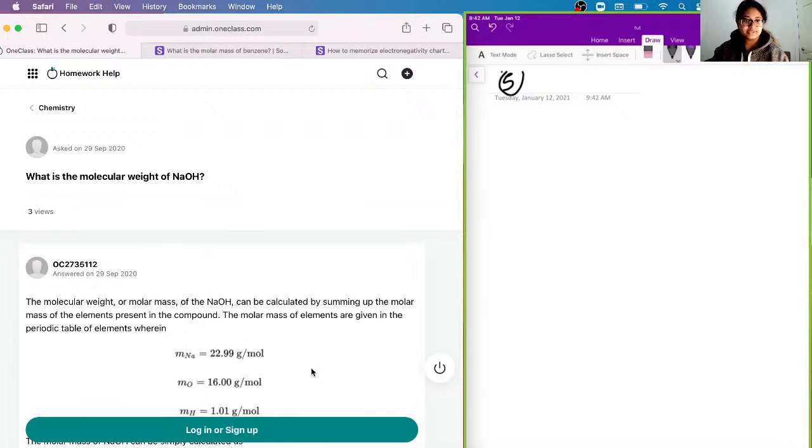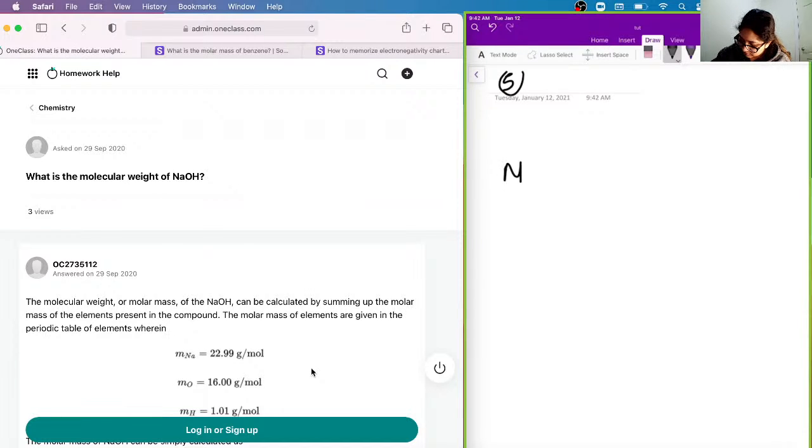The next question says, what is the molecular weight of sodium hydroxide? The molecular weight is also known as the molar mass, and it can be calculated the same way we calculated the molar masses of our other compounds. First break it down into the individual elements' molar masses.